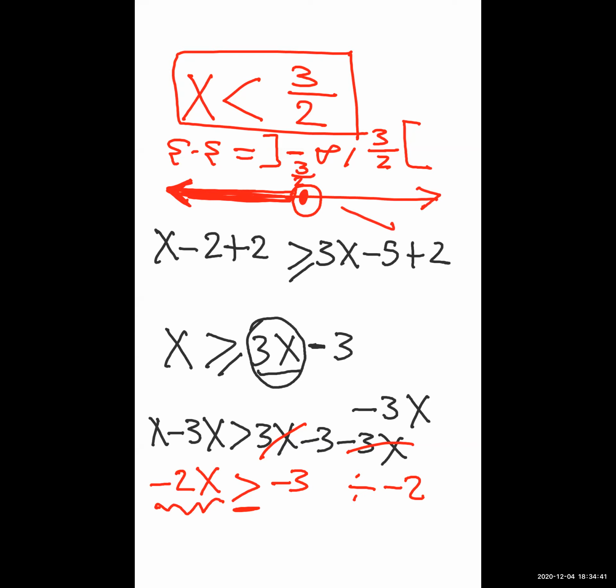Then the next question, guys, will be like this: 3x minus 1 greater than 8. Now I want to remove this negative 1, so add 1. 3x, negative 1 and positive 1 make 0, greater than 8 plus 1, which is 9.